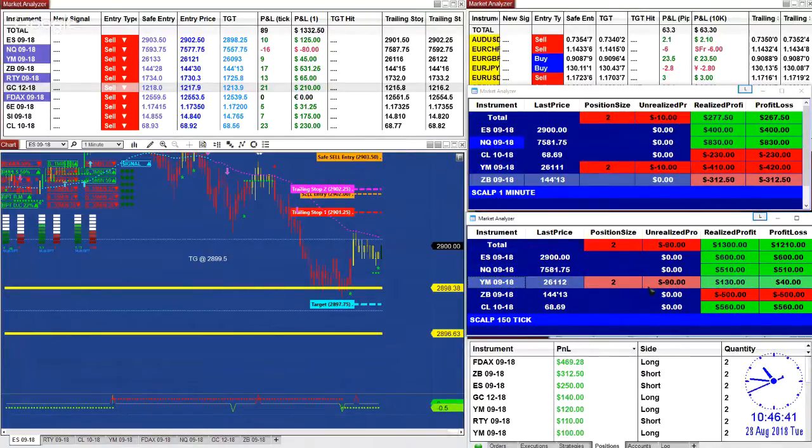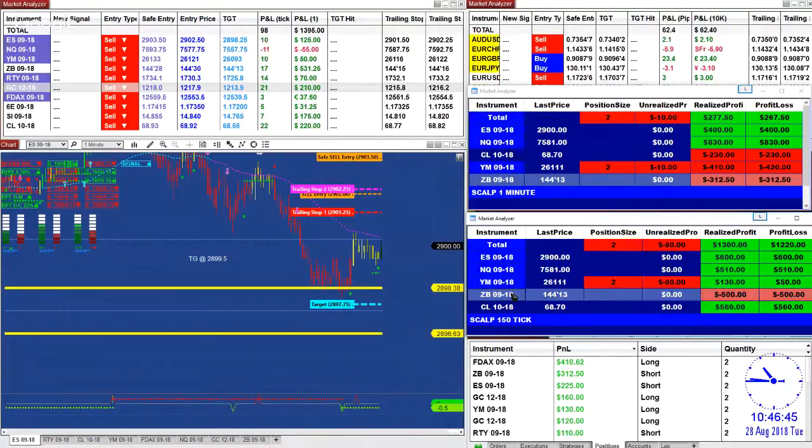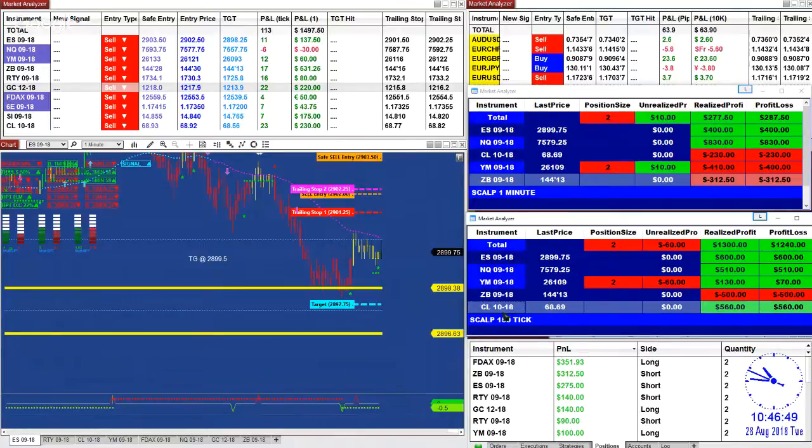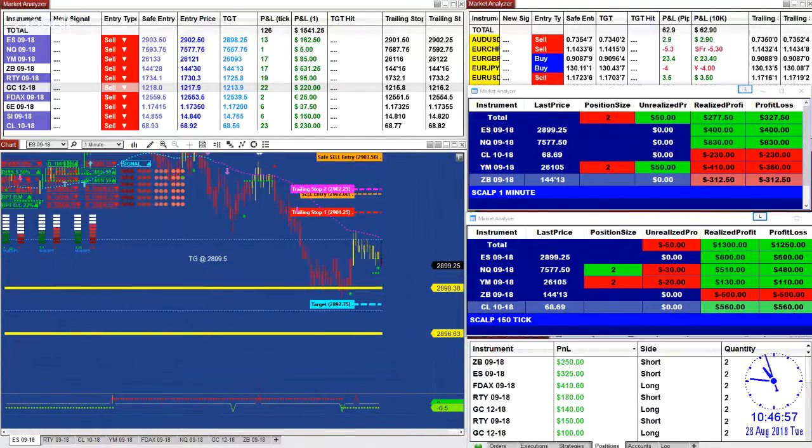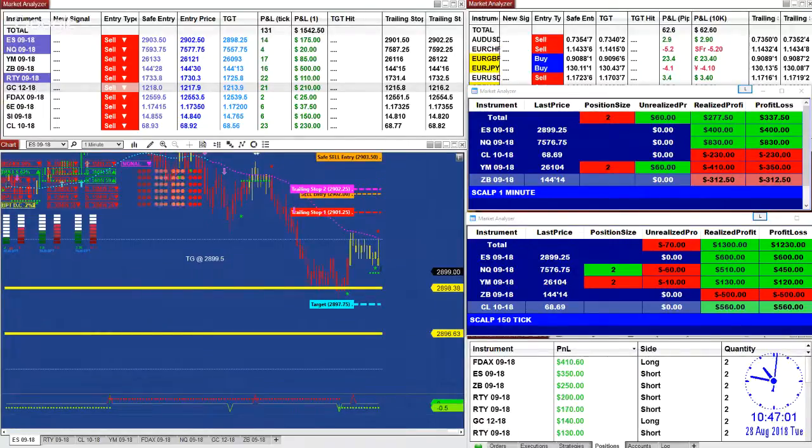However, on the YM, we're gonna be very flat. The 30-year Treasury bond is south, and earlier today we had some movement on the CL, which is why we got the 560.